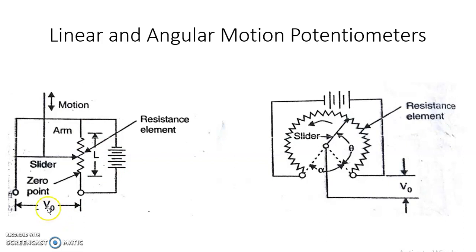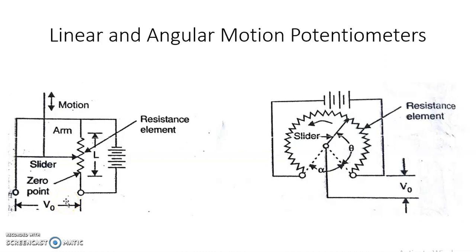V0 is the output voltage, and there is an arm through which the displacement is measured. Now when the slider is at the lower position, this is the 0 point position, in that case the output voltage will be 0.